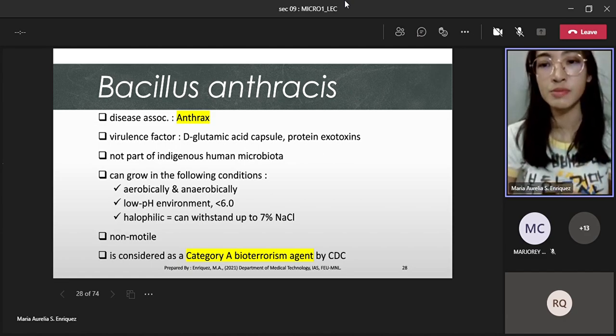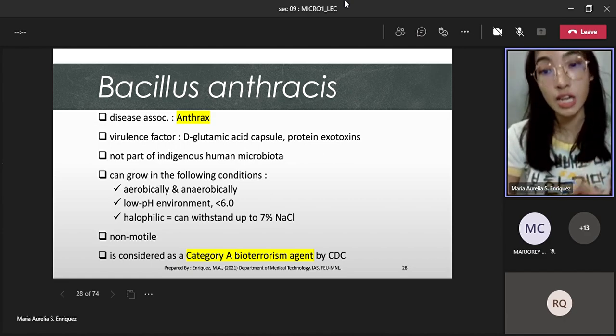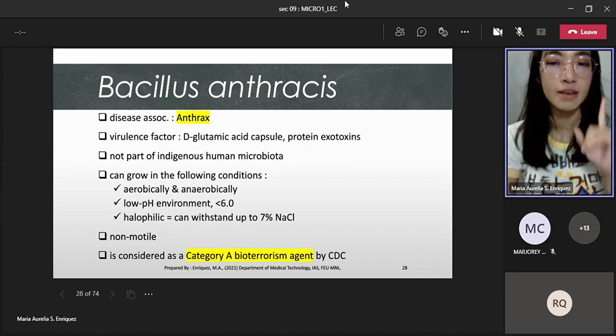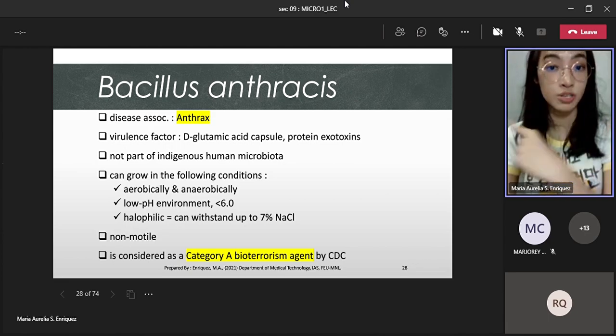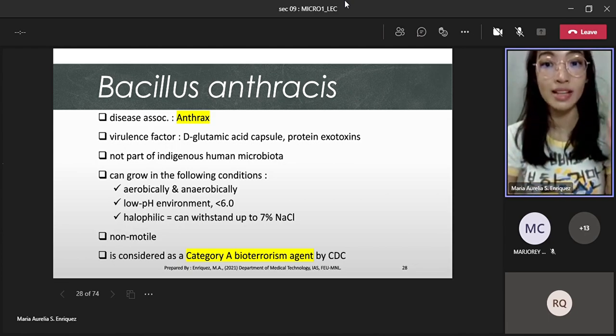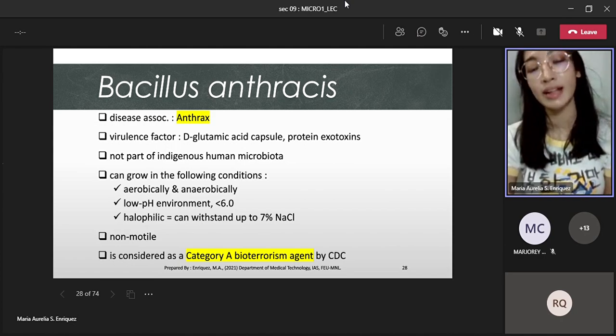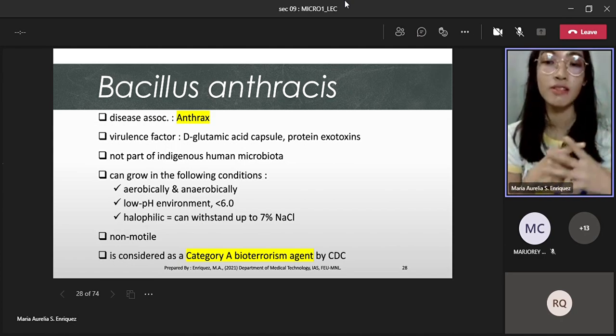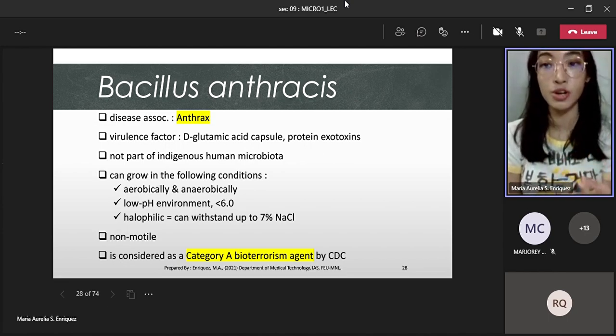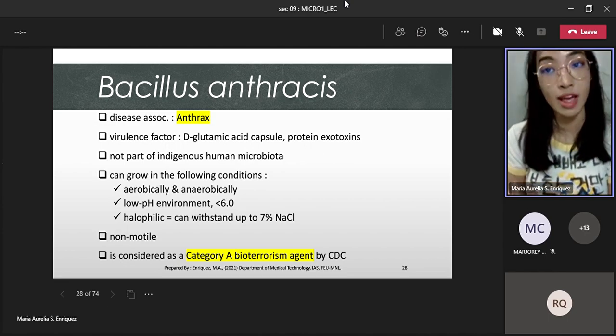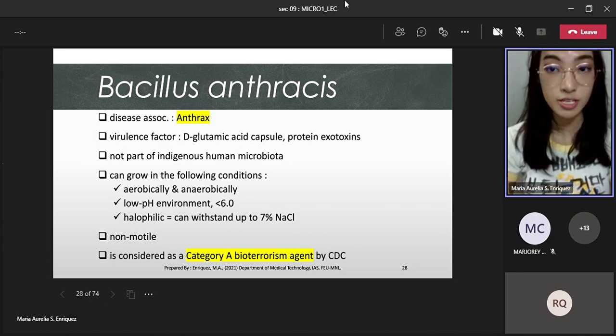These include organisms that pose a risk to national security because they can be easily disseminated from person to person, have high mortality rates, might cause public panic, and require action for public health preparedness. Bacillus anthracis meets all four descriptions, which is why it is included in the Category A bioterrorism agents.